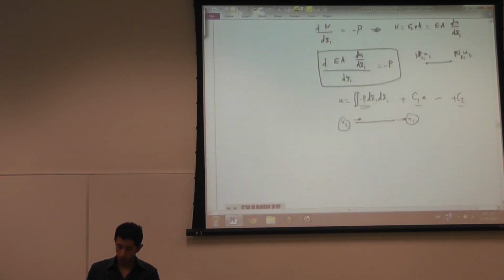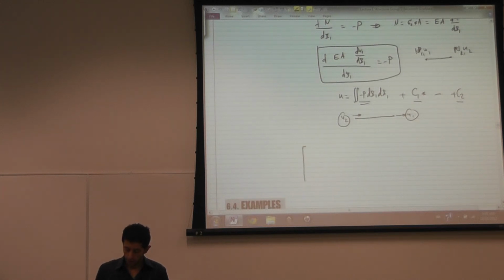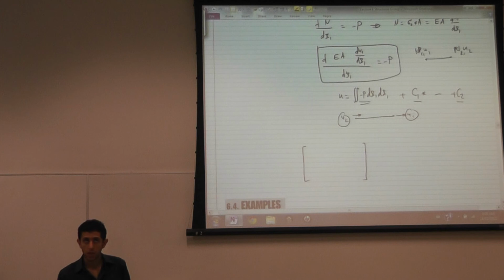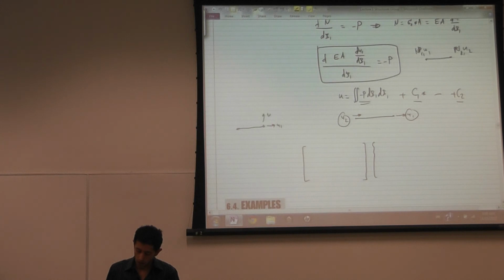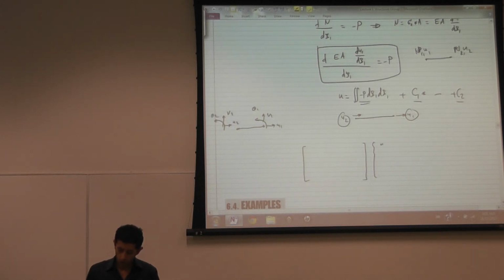For the stiffness method, you can easily jump from here by saying that I have a beam that has 6 degrees of freedom: U1, V1, theta 1, U2, V2, theta 2. You put them here, 6 degrees of freedom, and 6 corresponding external forces acting on the beam.